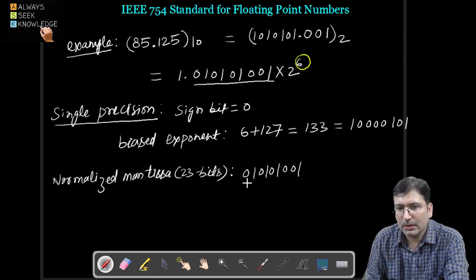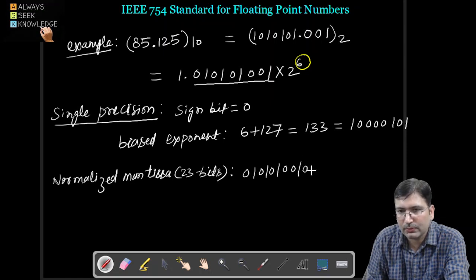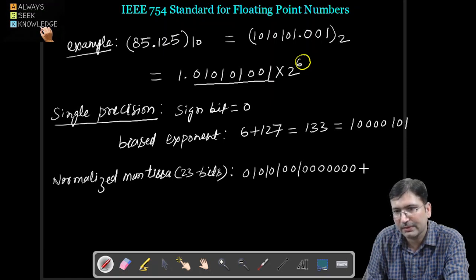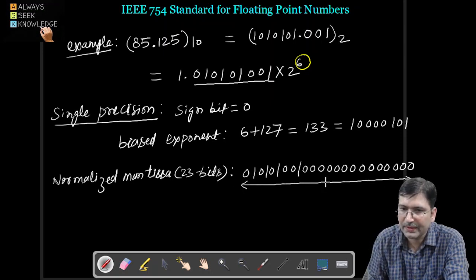So if we want to make it 23, we need to include 14 zeros. So 1 2 3 4 5 6 7 8 9 10 11 12 13 14 zeros. Altogether this is having a 23-bit mantissa.